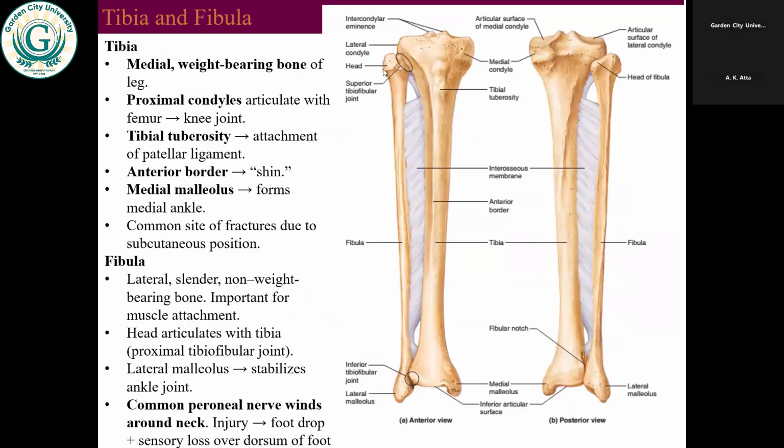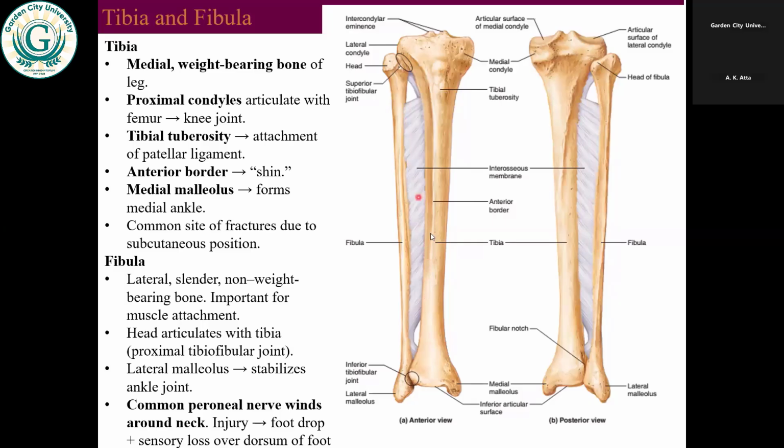So for the tibia and fibula, the important points we just mentioned. The tibia is medial and the weight-bearing bone, the fibula is lateral. The two are connected by the interosseous membrane, just like the radius and ulna. The tibia transmits the forces from the sacroiliac joint as it comes down to the femur and the thigh bone.